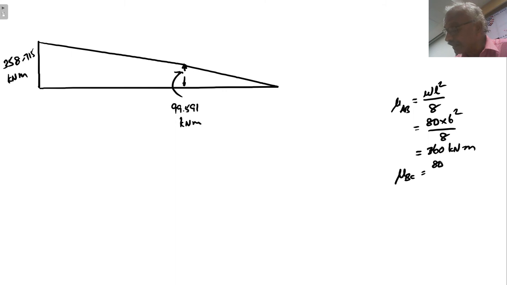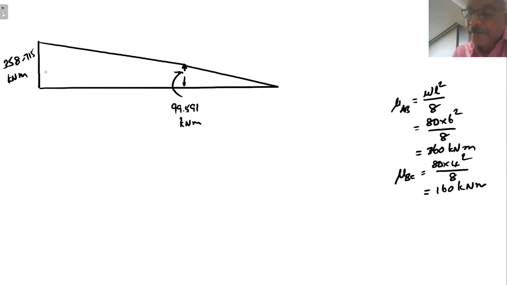W is 80, L is 4. So 80 into 4 square by 8, that is equal to 160 kilonewton meter. So this is the support moment diagram on which you have to superimpose the simply supported moment diagram. So that means the value is 360.